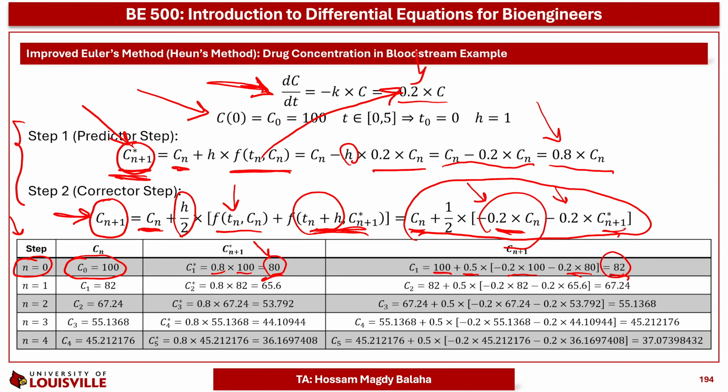Do the same. Now we have C1 equals 82 multiplied by 0.8 to get C2 star, which is 65.6. Substitute in the corrector step to get a final value of C2 equal to 67.24 instead of 65.6. Doing the same all over the steps, we will get a final C5 of around 37.07 instead of 36.17.